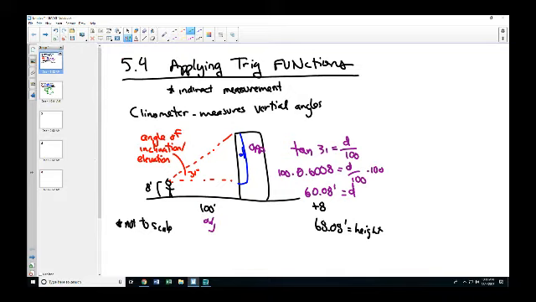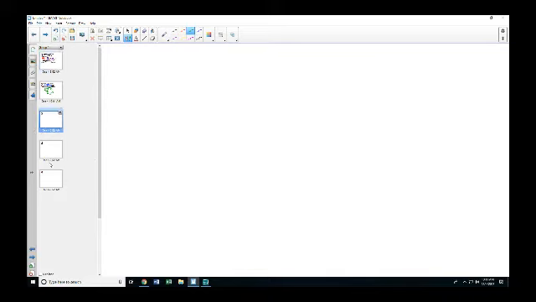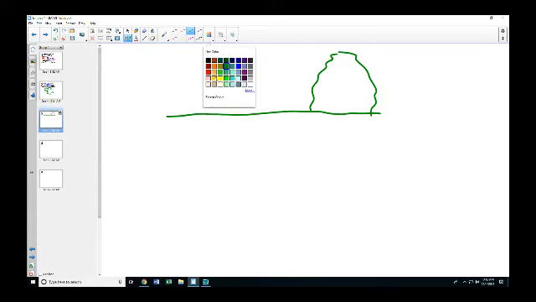Okay, here's the application problem. All right, you've got yourself a big giant mountain. It's not a bush. Don't you know it's the Grand Canyon?